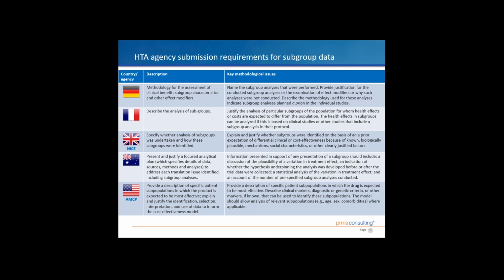So it's not just driven by NICE or the Germans, it's French related, it's Australian related, it's US related in the context of the AMCP. So it's independent of payer archetype. And the other important part is that the requirements differ across agencies as well, both in terms of their complexity, nuance, and methodological rigor that's required to support those questions.